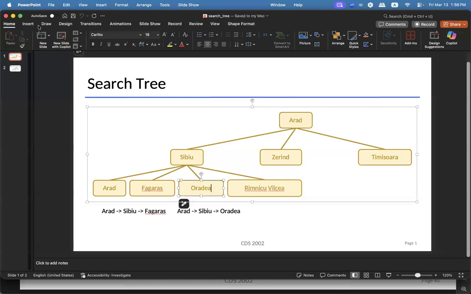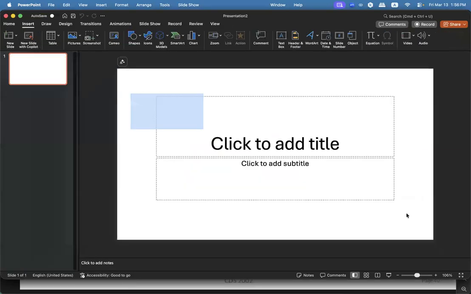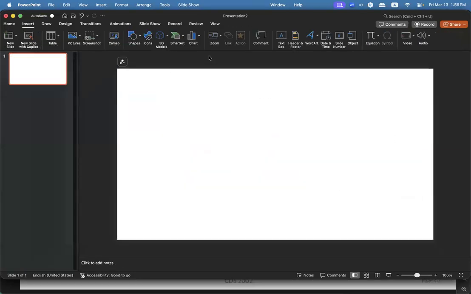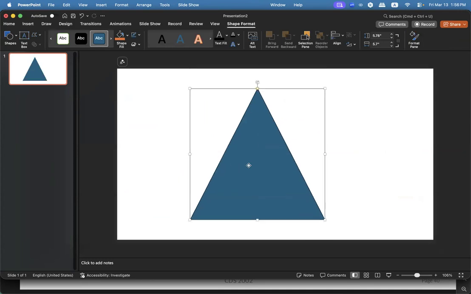So you can imagine a scenario like this. Imagine the surface space is like this, a triangle, and you are starting right here.